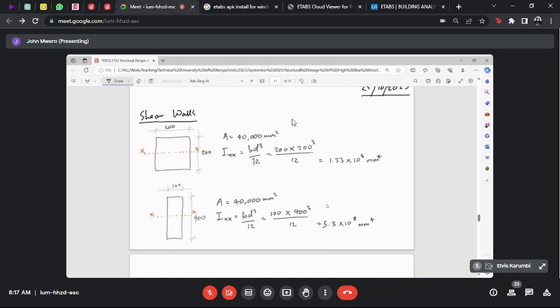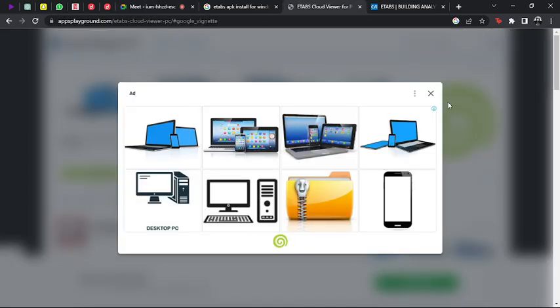If it was concrete that we needed to build a 200 by 200 element cross-section, we would use the same amount of concrete as we will use in building a 100 wide by 400 deep concrete section, if the length was the same.